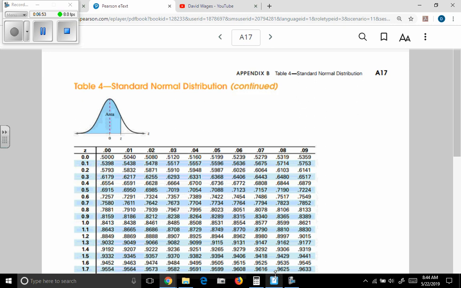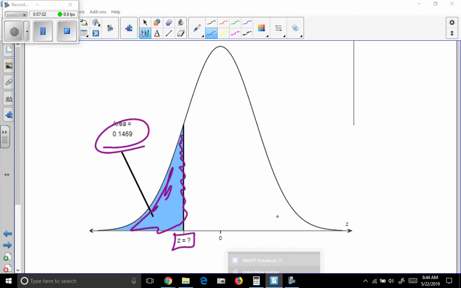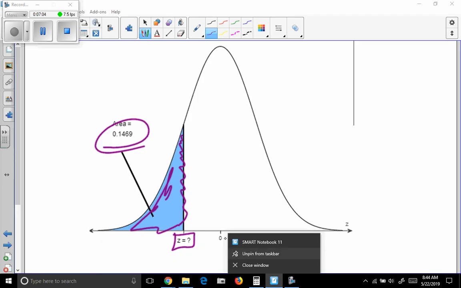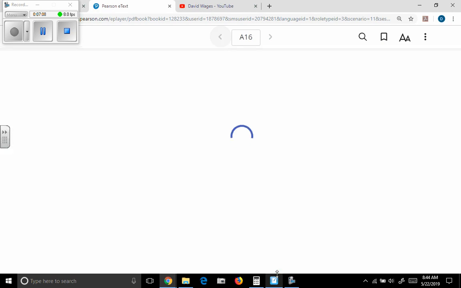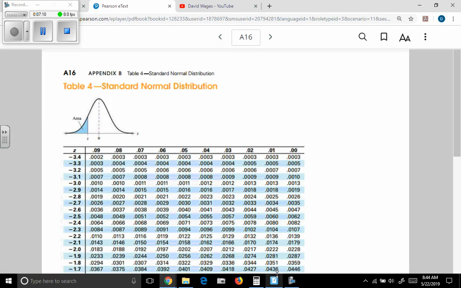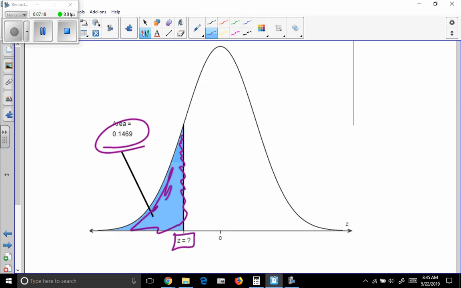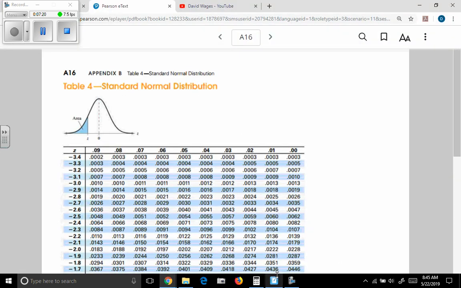Okay, so this table, this is the positive z values, and notice all of these areas are 0.5 or larger. Our area is 0.1469, so that's smaller than 0.5, so we need to go back to negative z values. So we have to find out which one of these is closest to our area of 0.1469. So we scroll down.